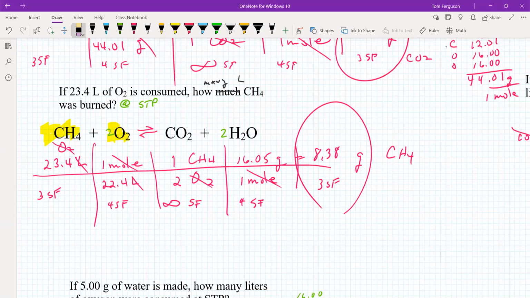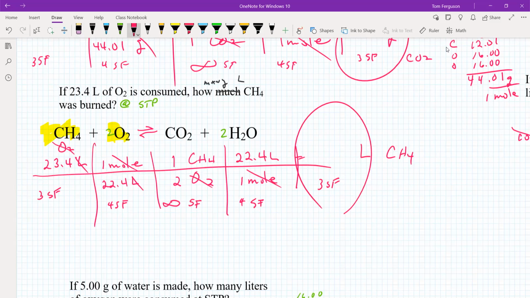So this step here is going to be 22.4 liters. And this will now give us liters of methane.